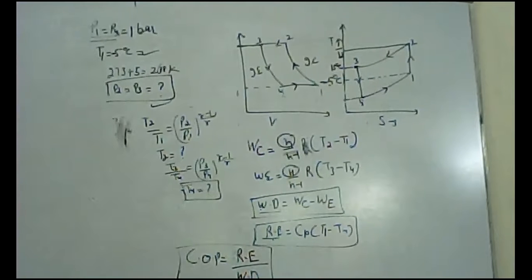Net work done, the difference of the compression and expansion processes, is equal to 40.7 kilojoule per kilogram. And for the COP of the system, first the refrigeration effect comes out to be 48 kilojoule per kilogram, and the COP of the plant comes out to be 1.18. That will be the answer.